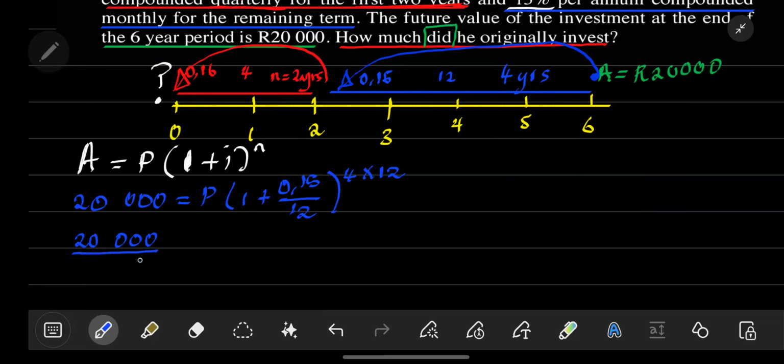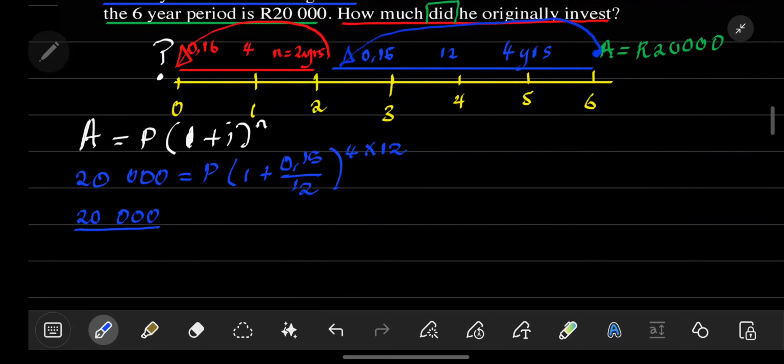All divided by what? All divided by this. Remember, you are making P the subject of the formula. So I think it is going to be like this.